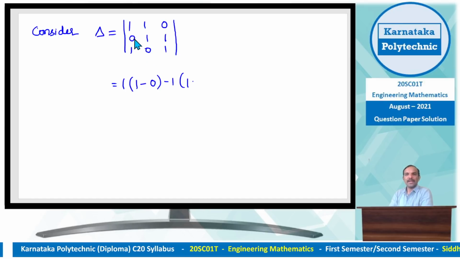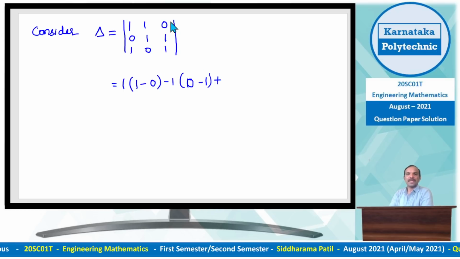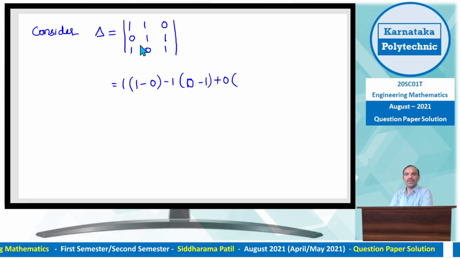First row second column deleted, 0 1 1 0 into 1 0, minus 1 into 1 1, plus the last term is 0 into, first row third column deleted, 0 1 0 0 1 0 0 into 0 0, minus 1.